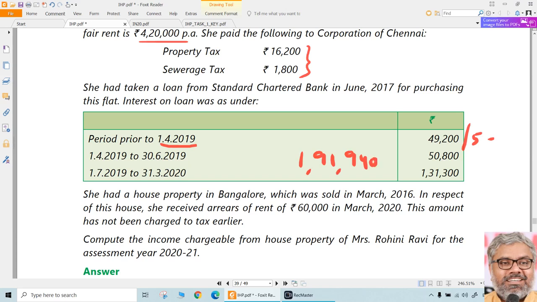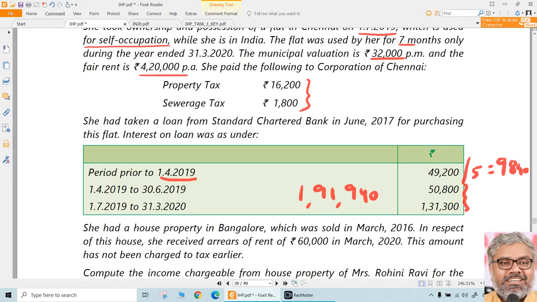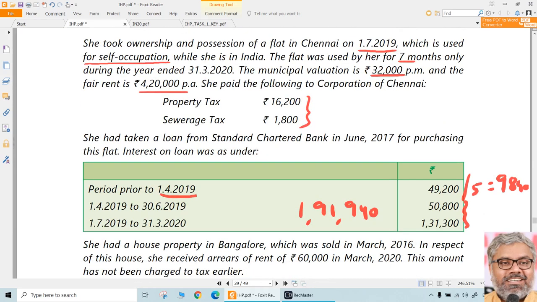That is the pre-construction interest of 9840 plus these 2 post-construction interests. Total 191,940. She can claim this as deduction because it did not exceed 2 lakh rupees. That's it.